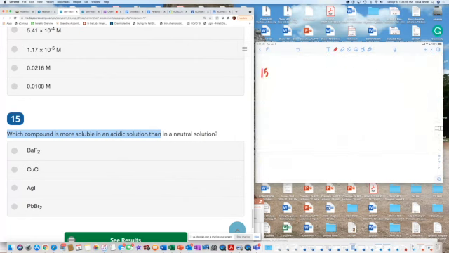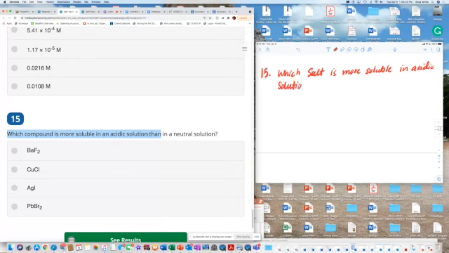Number 15. Okay, which compound is more soluble in an acidic solution than a neutral solution? So, which compound? And if you notice, all of these compounds are salts, right? Which salt or compound is more soluble in acidic solution?